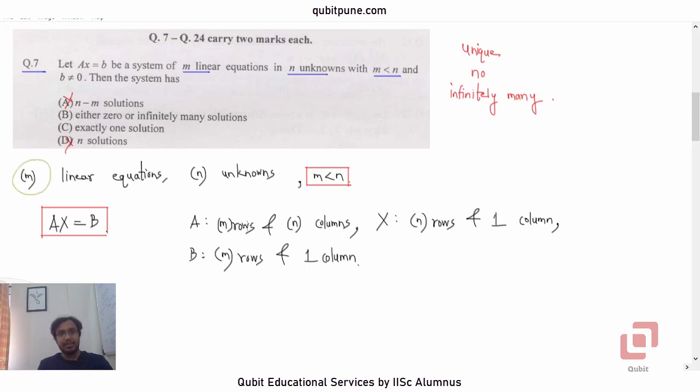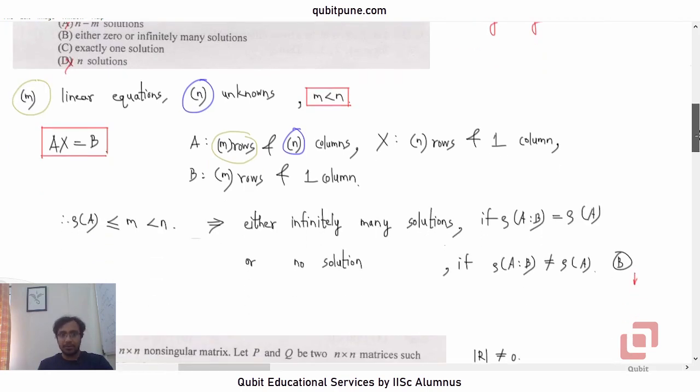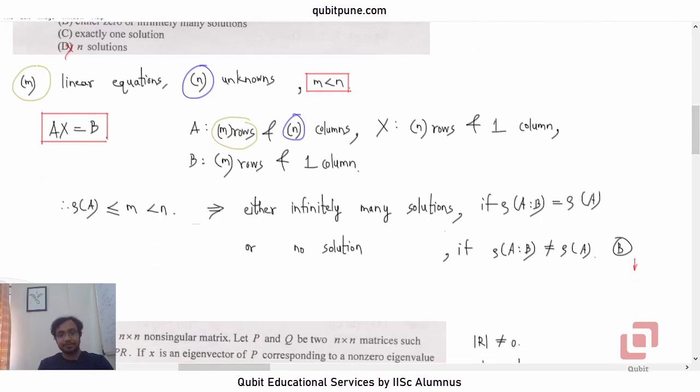So if it has m linear equations, then it will have m rows, and because it has n unknowns, it is going to have n columns. And similarly the orders of X and B follow. Now what is the condition for existence of solutions? We'll talk about that now.